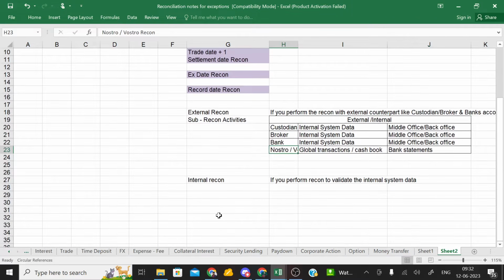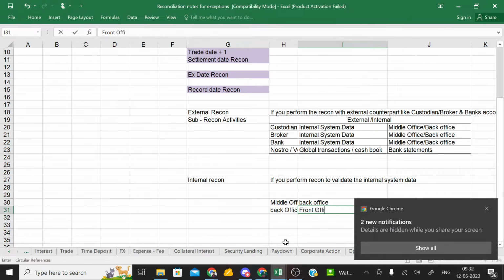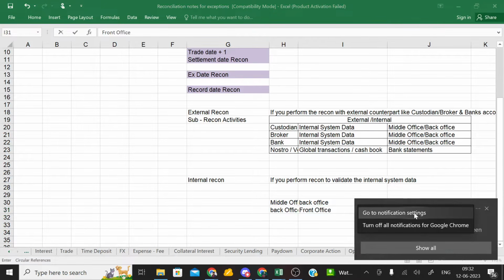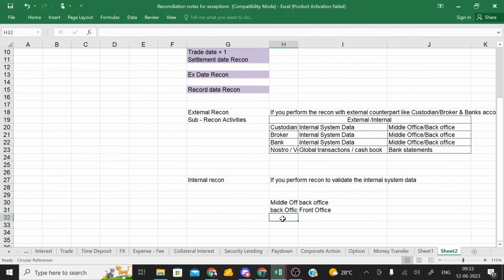Then under the internal reconciliations, as I told, you perform recon to validate the internal system data. It means middle office versus back office versus front office, right?